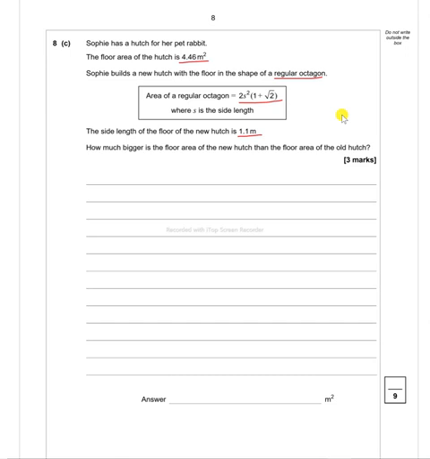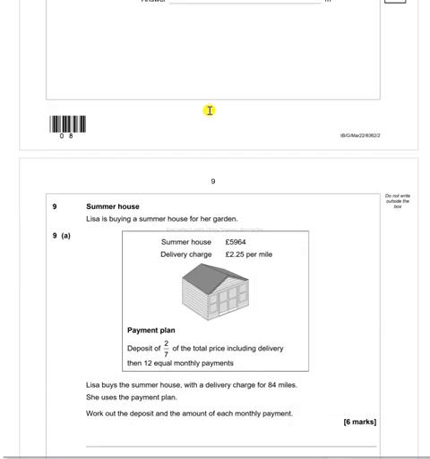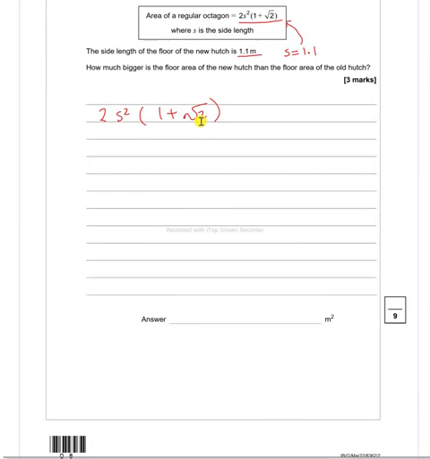Right, what they're saying to you is S equals 1.1. They want you to substitute that in. So it'll be 2s squared (1 plus root 2). I don't want to rush this. Okay, we'll finish this off.